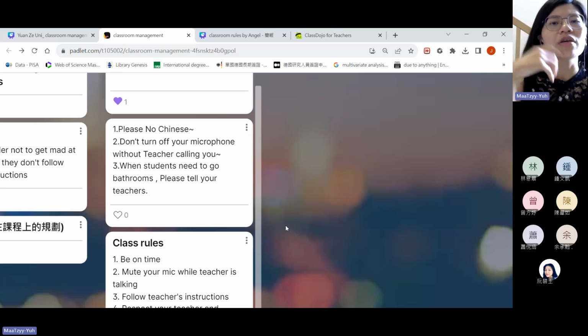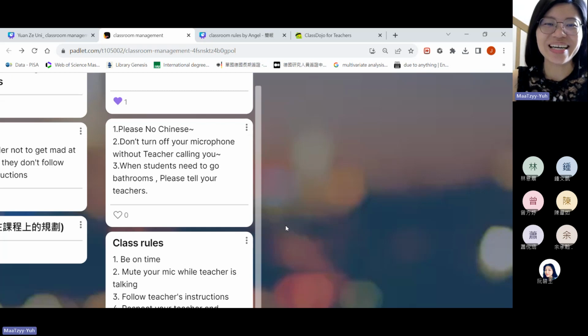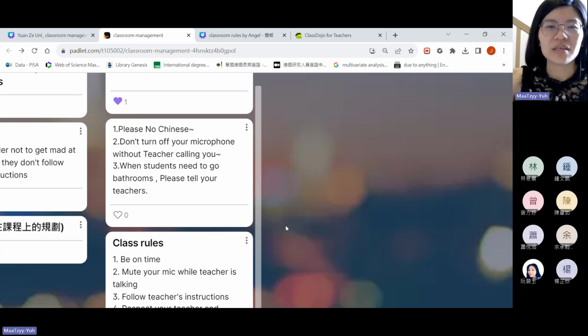So you can totally say no Chinese, but I think there might be some flexibility here for the kids to be able to say their needs when they are needed, because some are just very shy or their English is not that good, then maybe you can let them speak in Chinese sometimes.